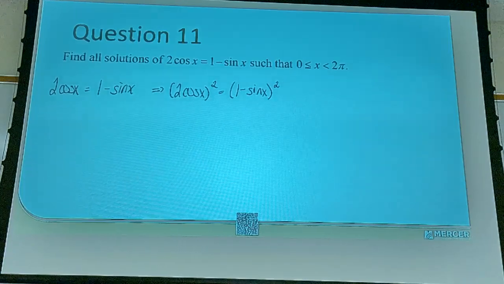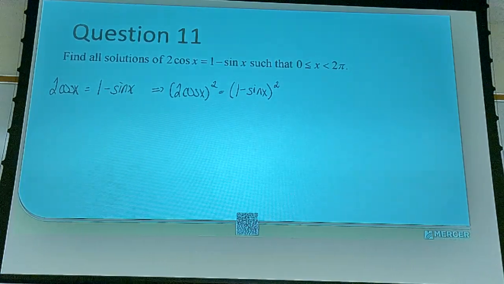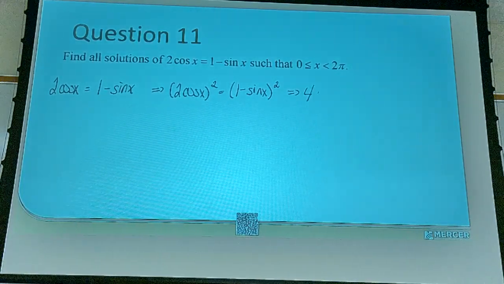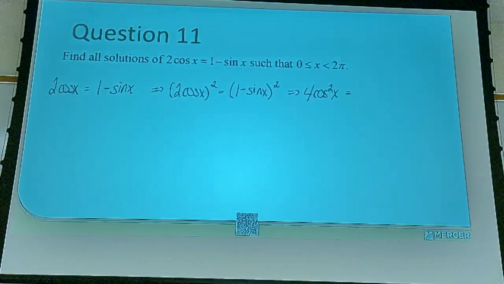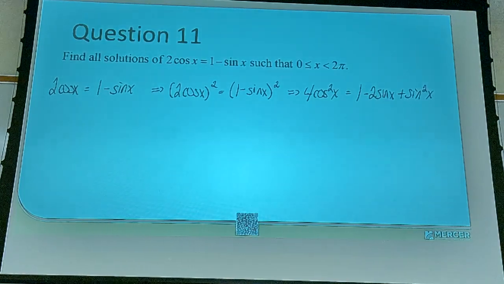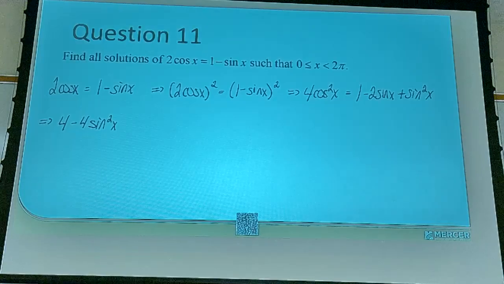Square both sides. Expand out. Replace cosine squared with 1 minus sine squared.